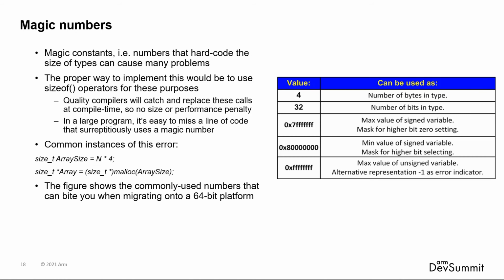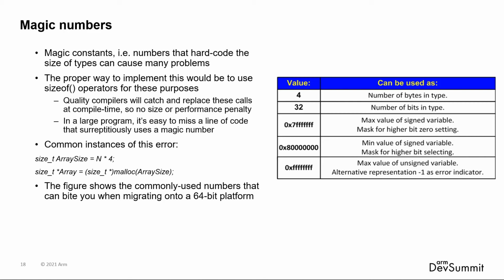Magic constants, that is, numbers which are meant to represent the size of this or that type, can cause a lot of trouble. The proper decision would be to use the sizeof operator for these purposes, but in a large program, an old code section can still be hidden, where programmers believe the pointer size is 4 bytes, and in size_t, it's always 32 bits.